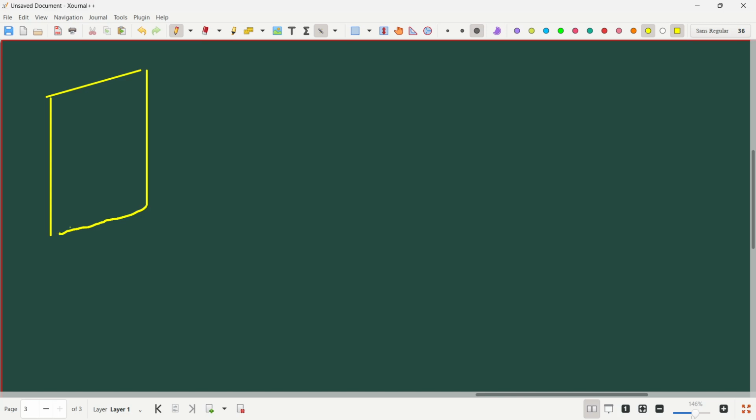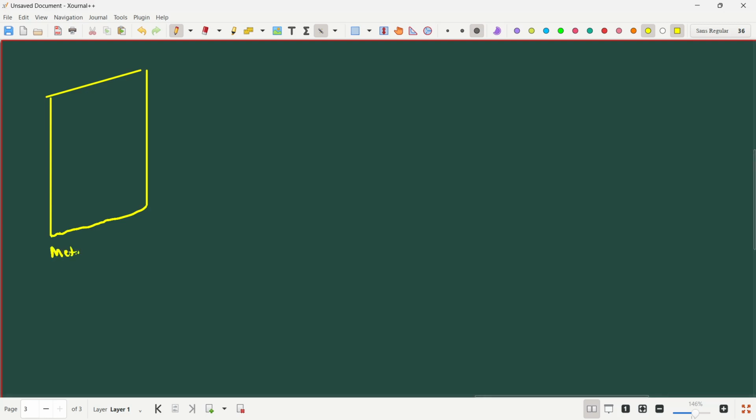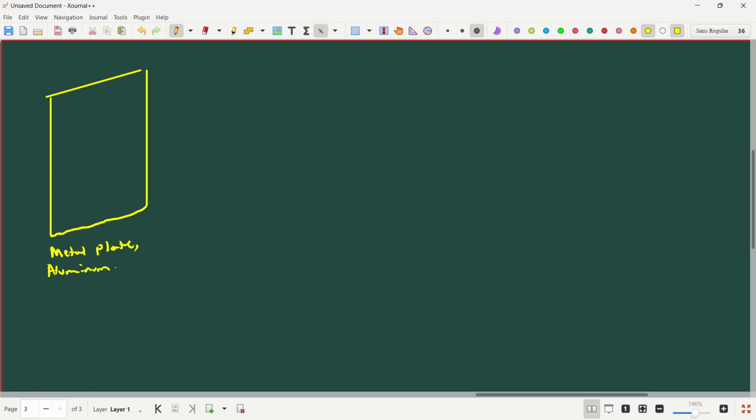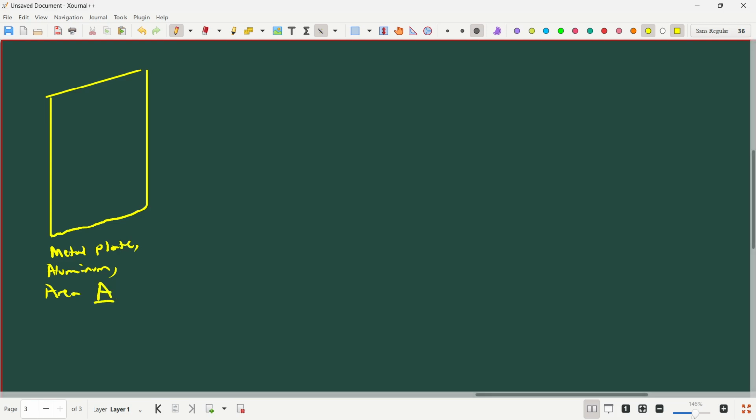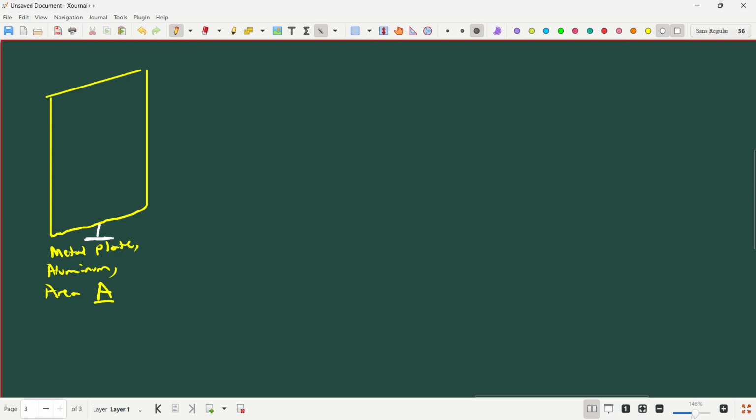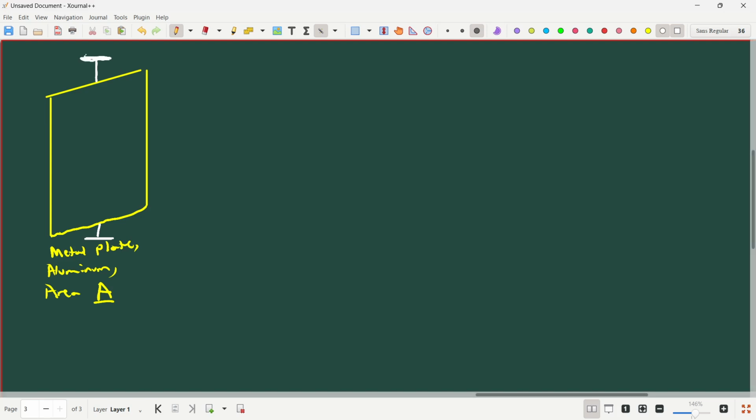It has area A. And let's just say it's mounted straight up, completely straight. It's mounted to a little post, and mounted to the ceiling. So you have this fixed plate.